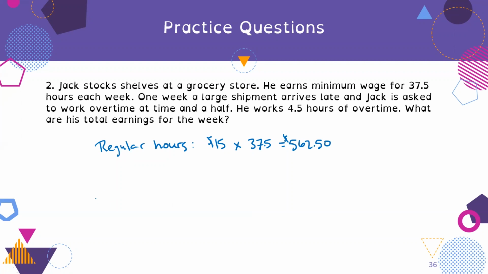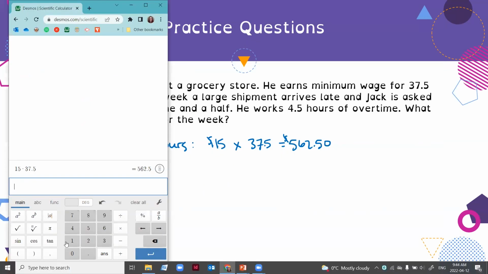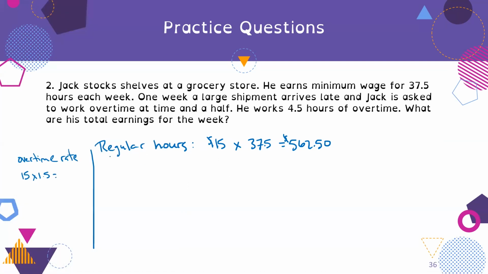Okay, wait, first we need to figure out, let's do this sort of as an aside over here. We need to figure out what his overtime rate is. So overtime rate, so 15 times 1.5. 15 times 1.5 is equal to $22.50. So for every hour that he works overtime, he gets $22.50 instead of $15.